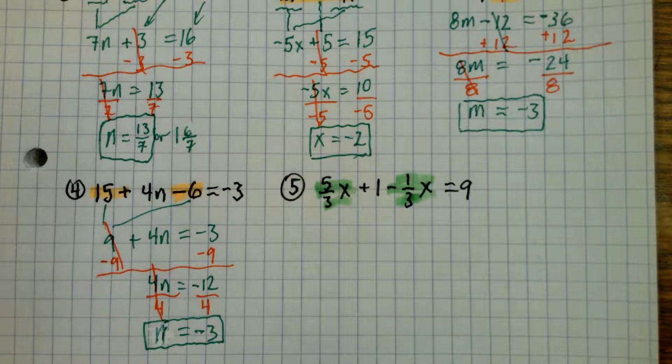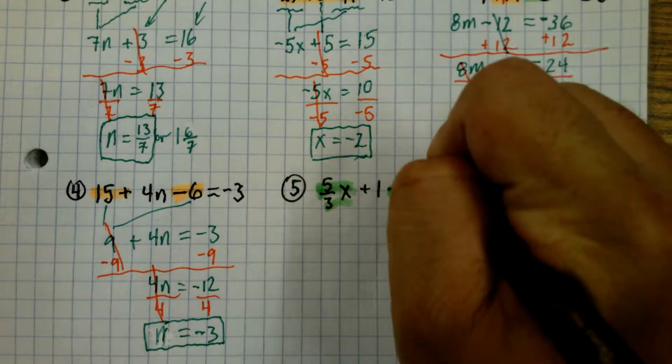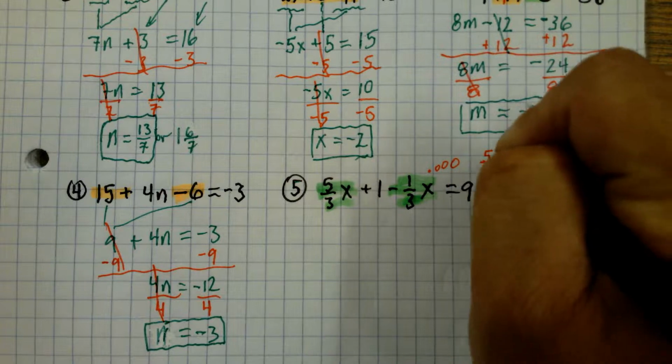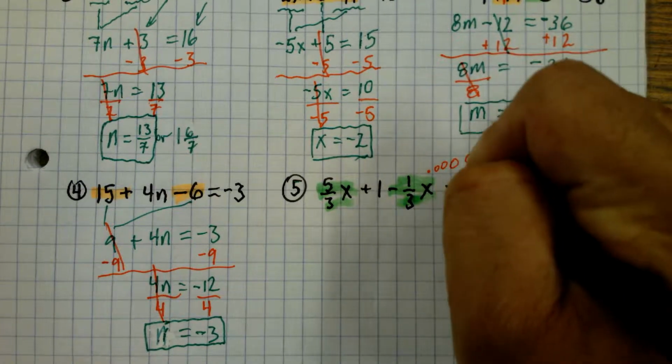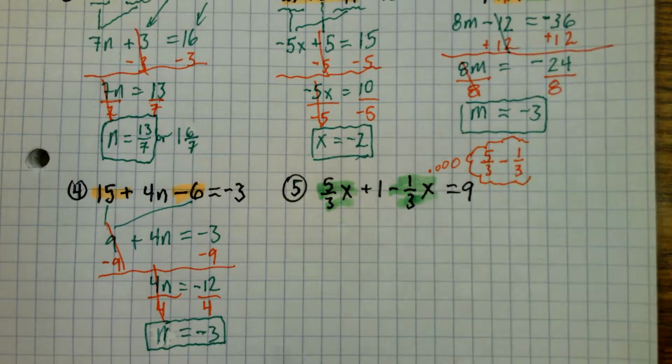Okay? And the main math we have to do is figuring out what's 5/3 take away 1/3. Think of this as like your thought process. 5/3 minus 1/3.